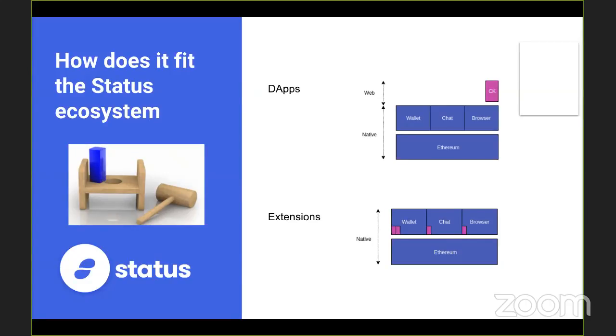Those are native implementations, and by native, I mean they rely on mobile-specific APIs and provide a very nice interaction, user experience and smoothness. And then on top of that, web dApps, the dApps you currently know, like CryptoKitties, run on top of our browser implementation.